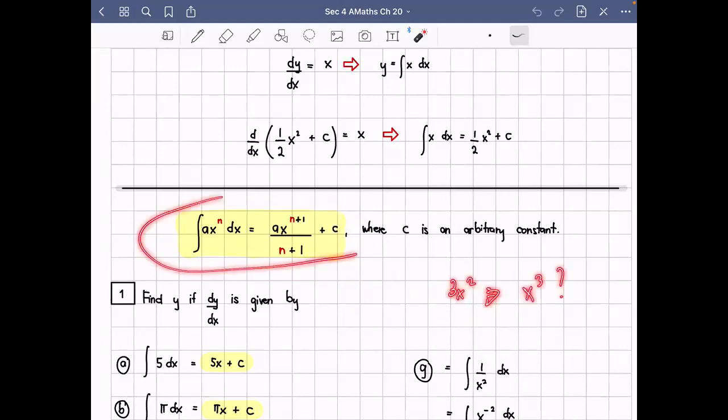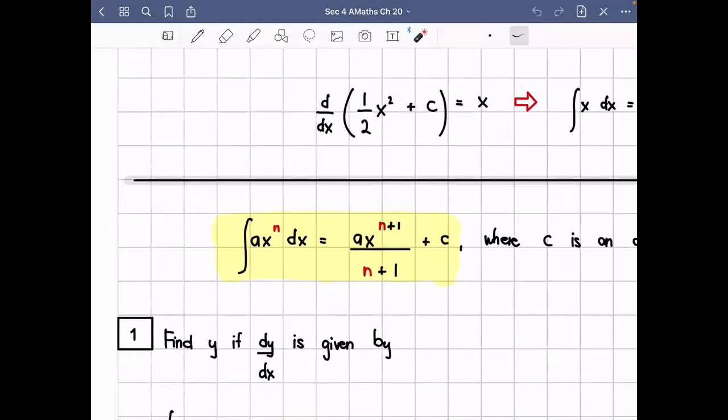So this is the first rule. The antiderivative of a x raised to n is equal to, so you see this pattern here. We basically rewrite a x, and then n plus 1.